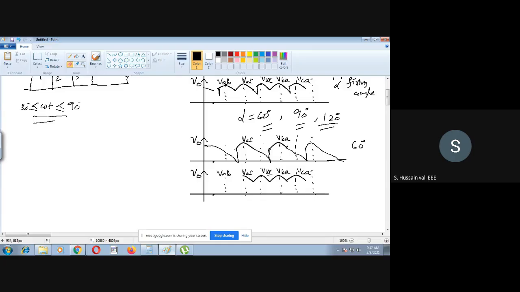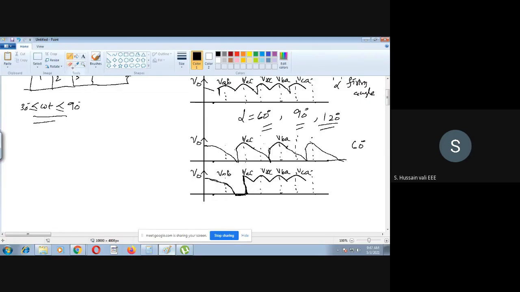Something a different waveform. Same thing, only that there is a continuous delay. Then 0, then a sudden jump. So this is the waveform. So it becomes 0 here, for this duration.